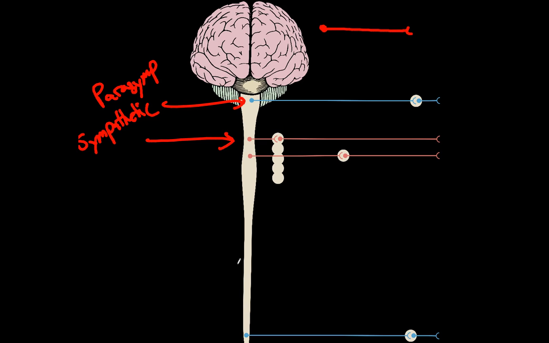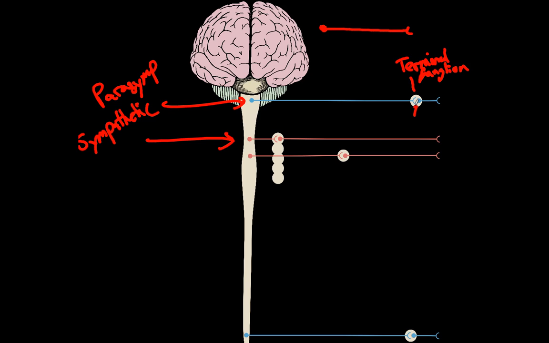Okay, so let's talk about what's going on here. We have this parasympathetic neuron that's leaving the brain here, and right here it goes into this ganglion, synapsing onto the postganglionic nerve in what's known as a terminal ganglion. Most of the parasympathetic ganglia tend to be very close to the target organs, not very close to the nerve cord at all, very far away from it, and they're called, for that reason, terminal ganglia.